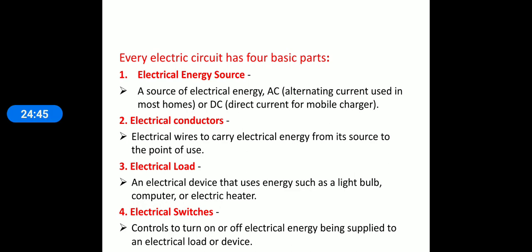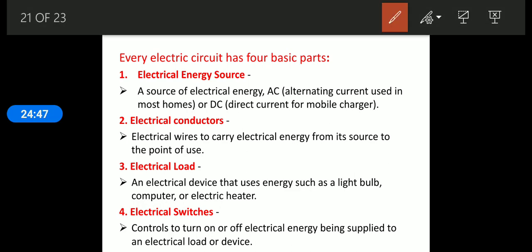Every electrical circuit has four parts. First, electrical energy source, AC source, DC source. AC source such as light, fan. Then DC source, mobile charger. Electrical conductors are wires that carry the electrical energy from source to load.